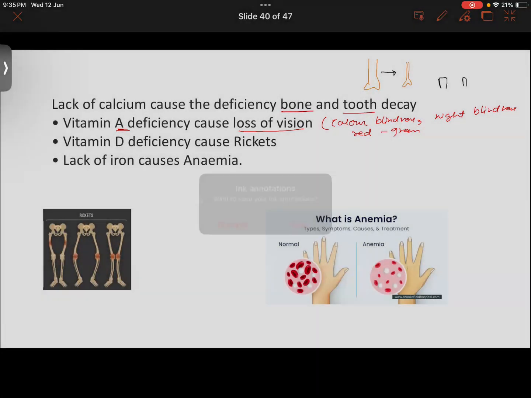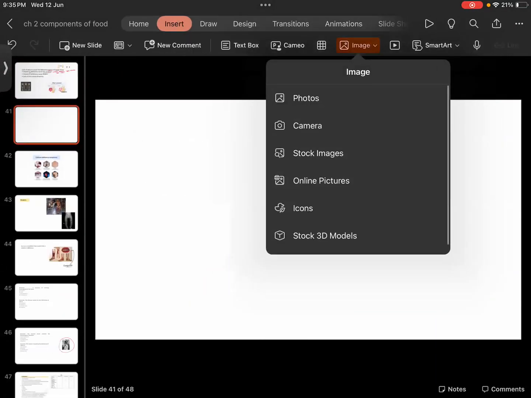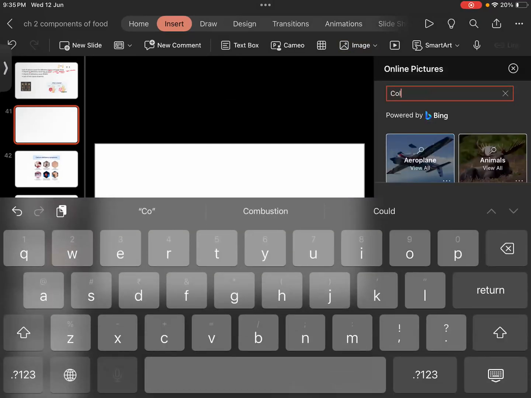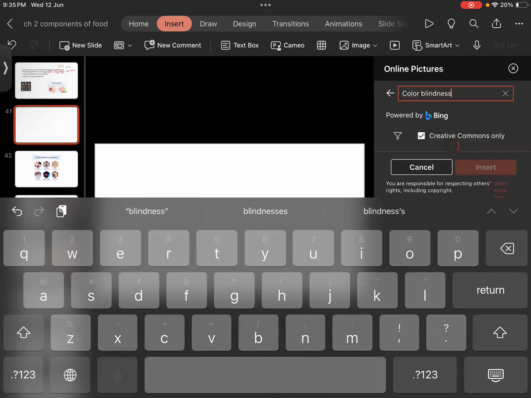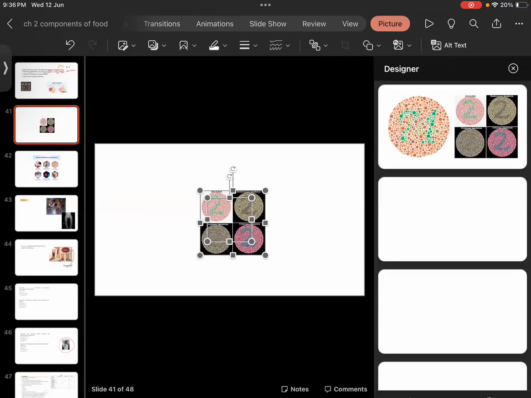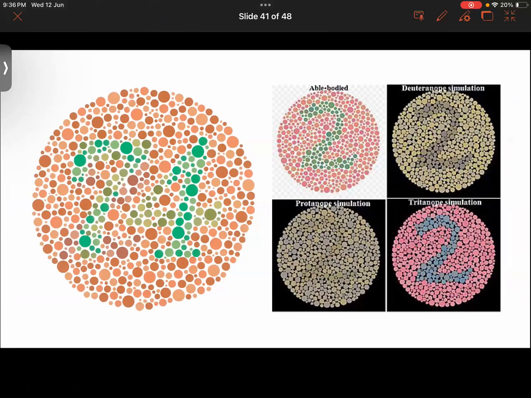See, for example, let us check how good your eyes are. I'm taking an image. You have to tell me whether you can read this or not. Tell me how well you are able to read the first image. 74, 74, it's 74 actually.